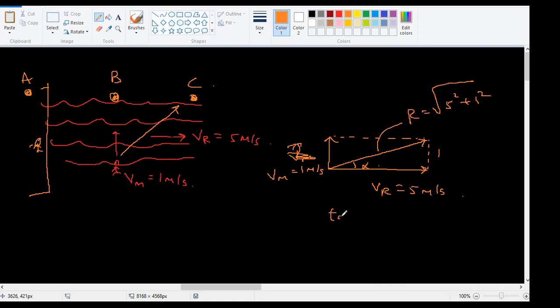So tan alpha is equal to 1 by 5. So alpha is equal to tan inverse of 1 by 5. So R is equal to 5.099.